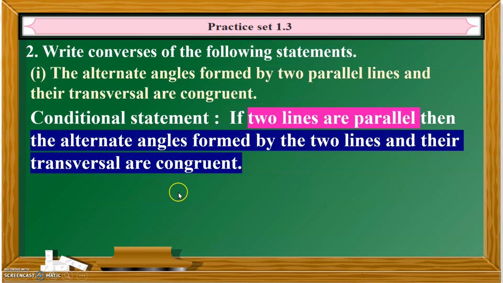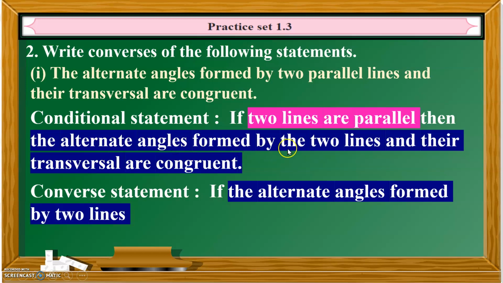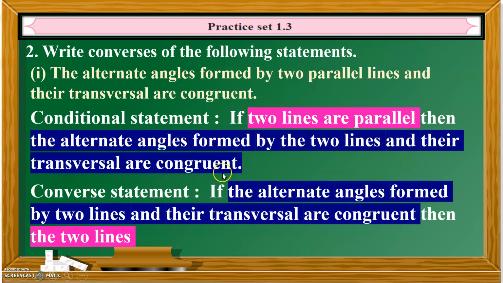You think for a while, I'll give you the answer in a few seconds. Okay, so the converse statement would be: if the alternate angles formed by the two lines and their transversal are congruent, then the two lines are parallel. Simply interchange the positions, you will get the converse statement.